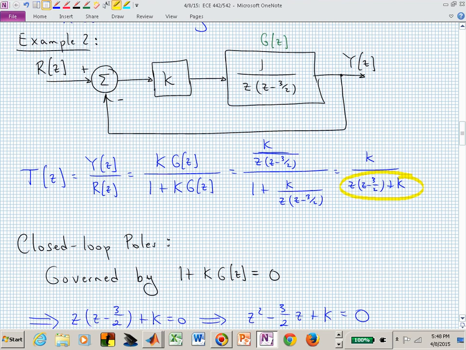The closed loop poles are what we're interested in, and the root locus is what results relative to all of those poles as we adjust k from 0 to infinity.